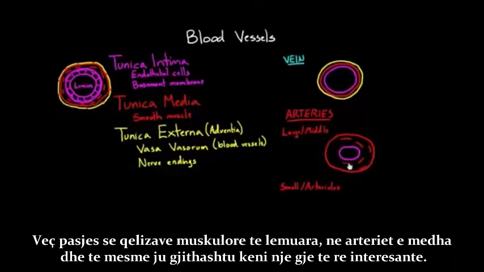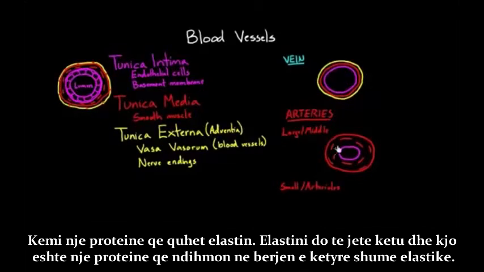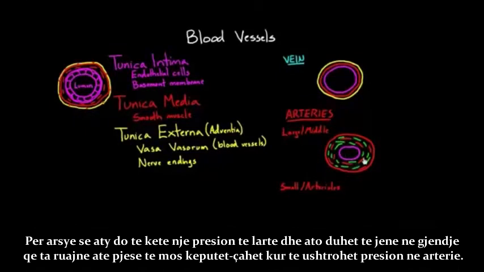And in addition to having these smooth muscle cells, in the large and middle arteries, you have an interesting new thing. You have something called elastin protein. And elastin is going to be in here. This is a protein that helps make these very elastic, because they're going to have such high pressures that they have to be able to not break when these pressures are going through.